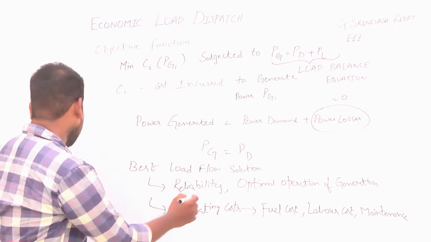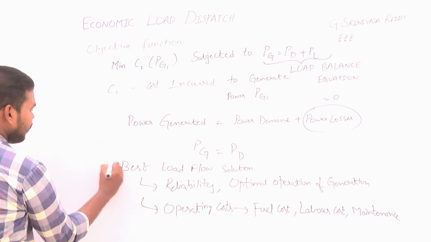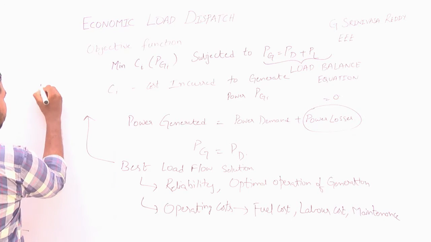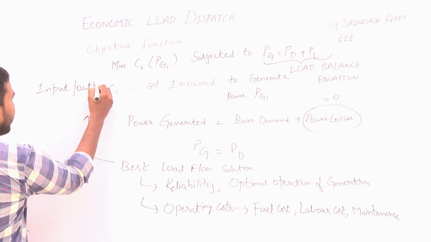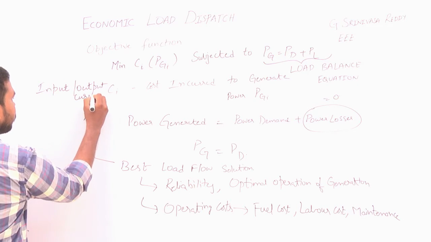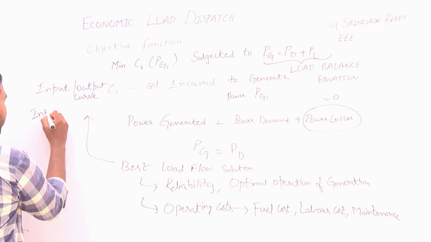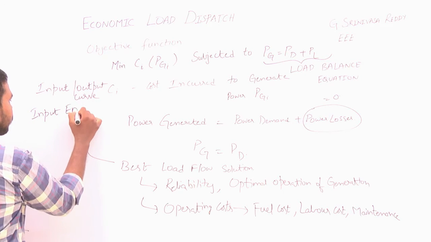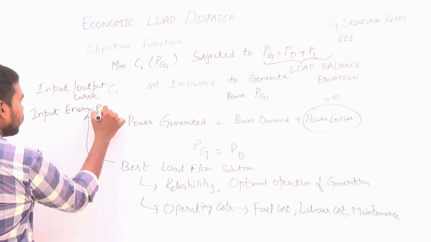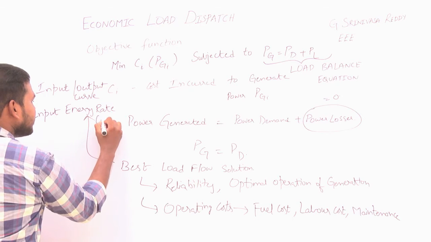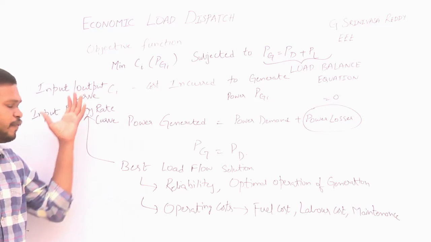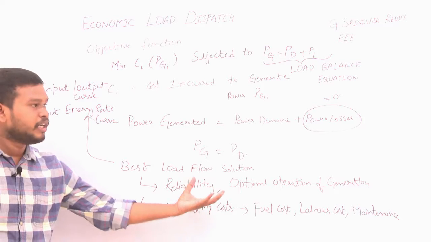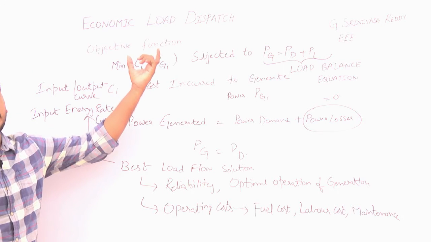And in addition to this, the best load flow can be subjected to the input-output curve and the input energy rate curve. So these are the different limitations in addition to the fuel cost minimization.